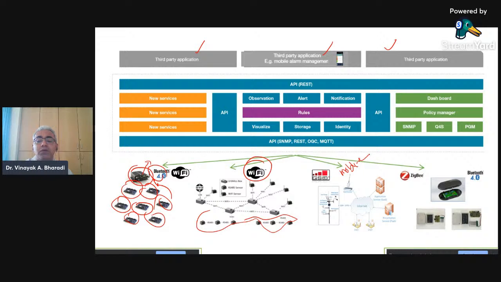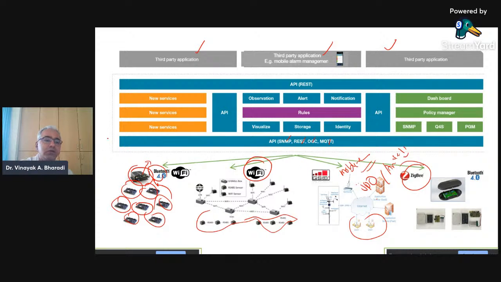We have seen mobile networks like Jio and Airtel in India. So that GSM network, where GSM gateway connectivity, and then user front end and back end connectivity is there, is mobile connectivity. Then Zigbee connectivity is another protocol used by these wireless devices for data exchange. Then various APIs, SNMP, REST, OGC, MQTT APIs, for collecting and exchanging data.